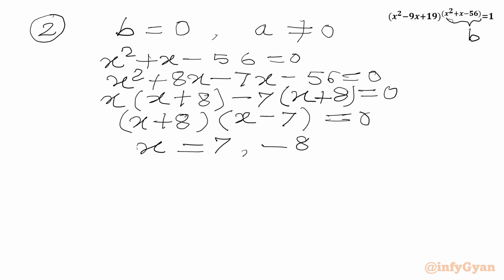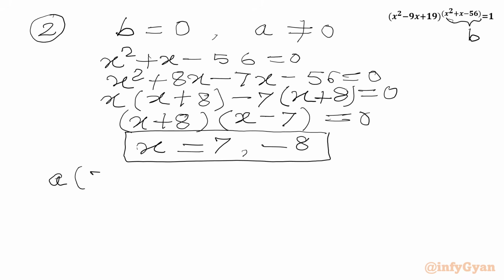Now we will use product 0 rule and we will get x equal to 7 and x equal to negative 8. Now we have to check a of 7 should not be 0 and a of minus 8 should not be 0. So let's check a of 7 first. Here is our a. So we will write 7 square minus 9 times 7 plus 19.